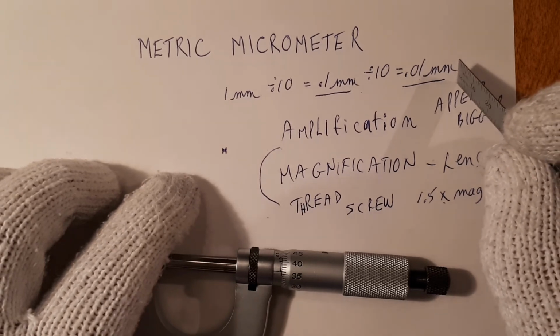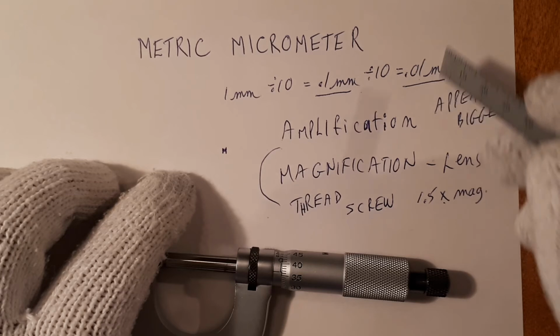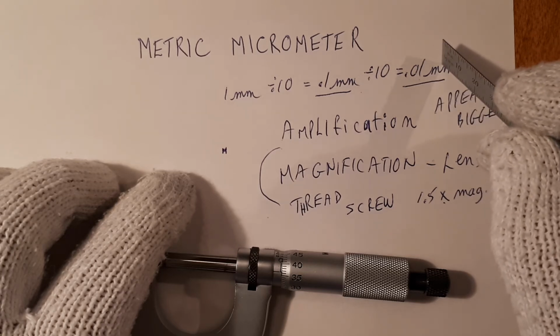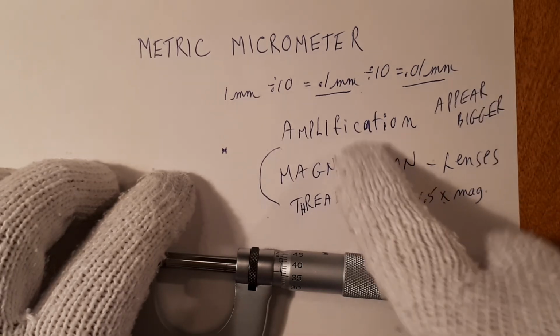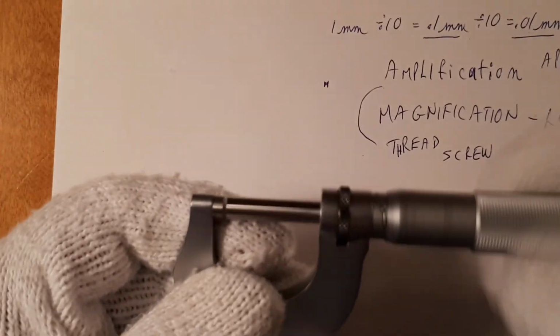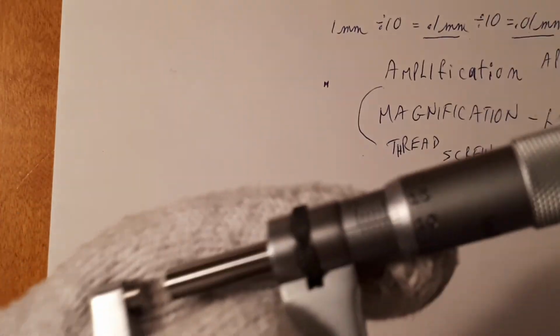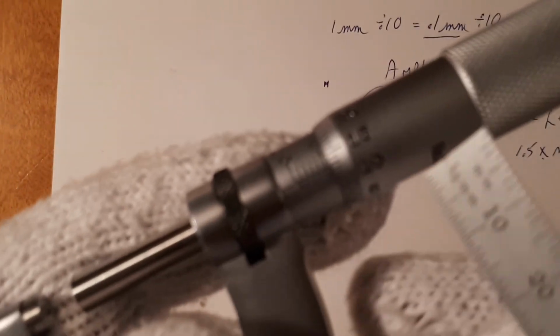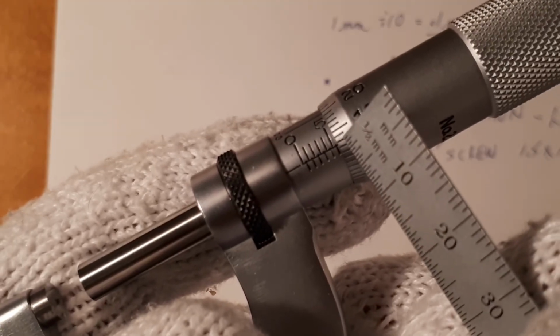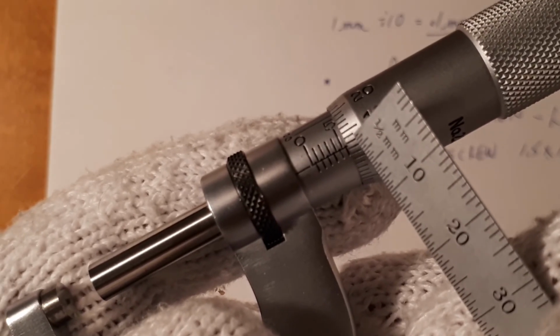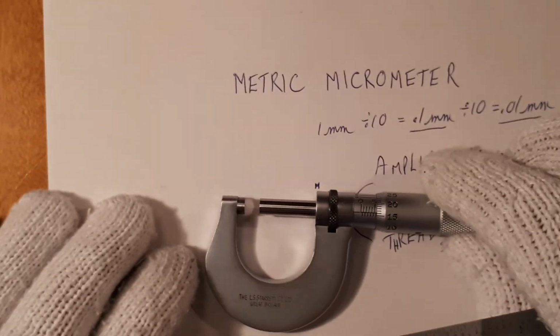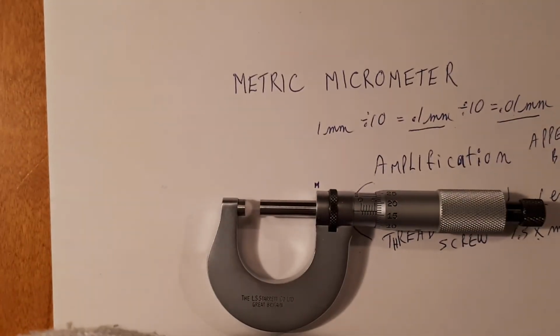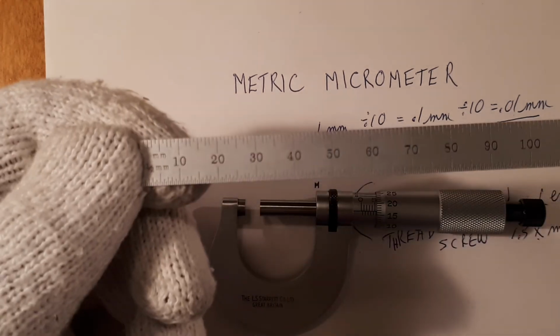This will be the discrimination of this micrometer. 0.01 millimeters is the finest that it will be able to measure thanks to a thing called amplification. And that's what these graduations are on the thimble here. They represent 0.01 millimeters. And this is a basic introduction to the metric micrometer, and it is directly related to a scale.